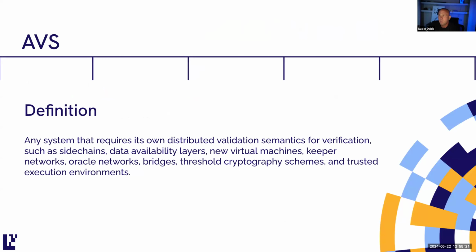We've already been given the definition of an AVS, but I'll go over it one more time. This definition comes from our own documentation: it's any system built on EigenLayer that requires its own distributed validation semantics for verification. That could be side chains, data availability layers, as we've seen with EigenDA, VMs, keeper networks, oracles, bridges.